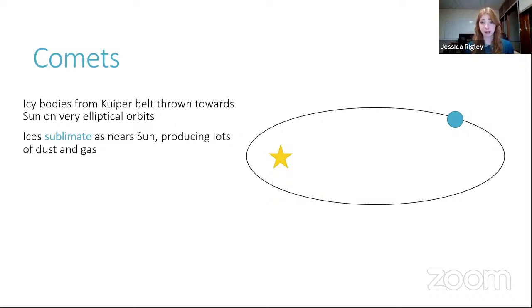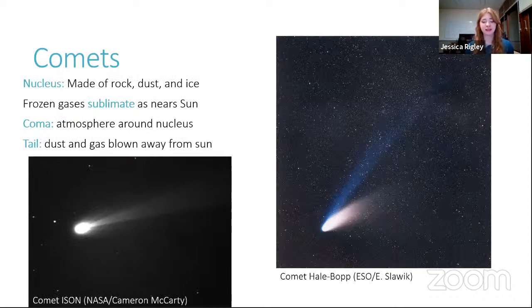But if a solid sublimates, it goes straight from being a solid to a gas. So these ices in the comet essentially just vaporize when it gets close to the sun. And this means that the comet starts spewing out lots and lots of dust and gas. And so these are a couple of pictures of comets doing just that and spewing out lots of material.